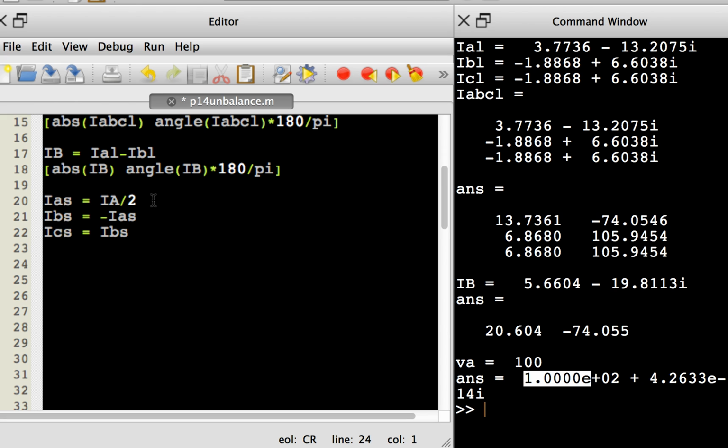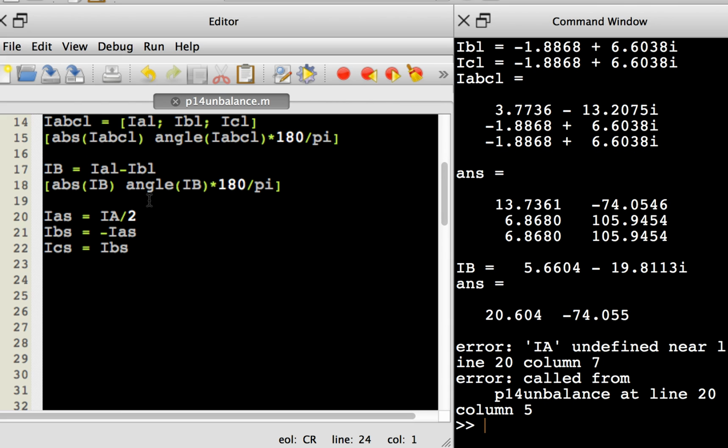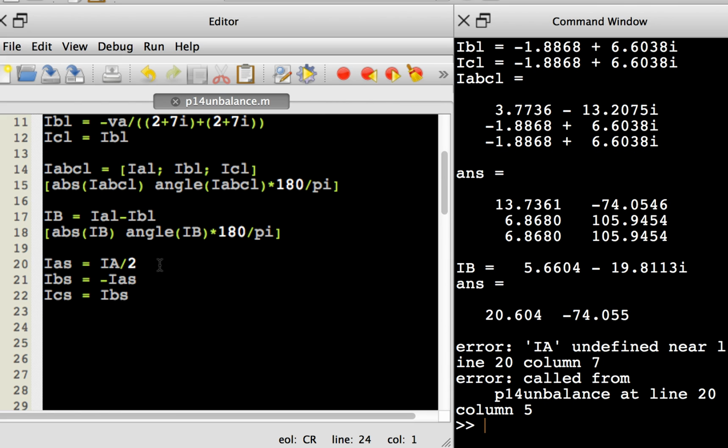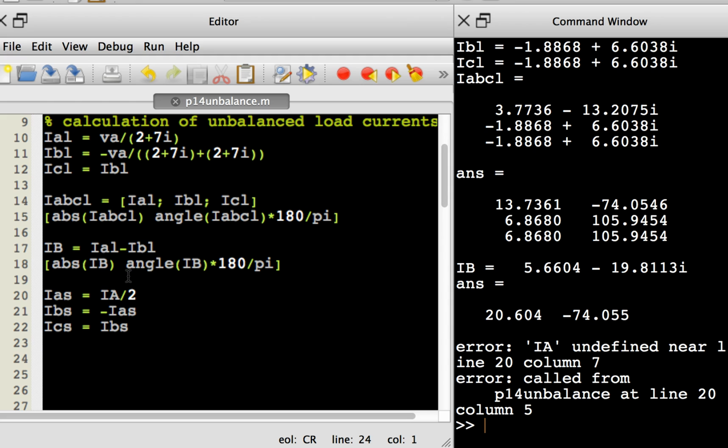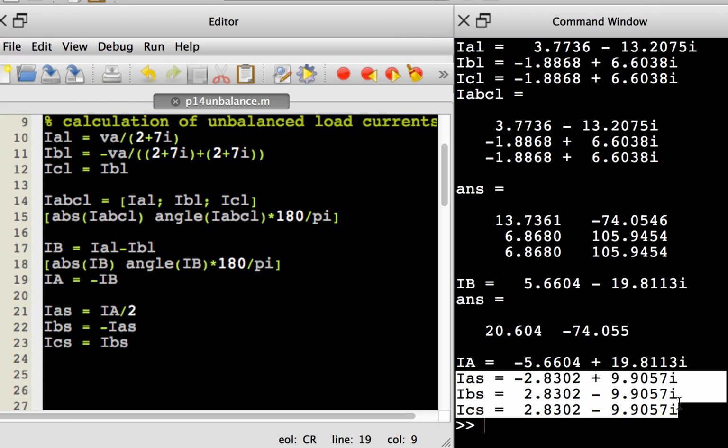So I hope you are now following the simple thing. This is not very difficult actually. It's straightforward. So IA was not defined. So IA equal to minus of IB. So you can see on the right hand side all the three currents, IAS, IBS and ICS.